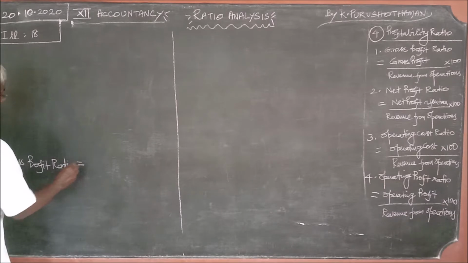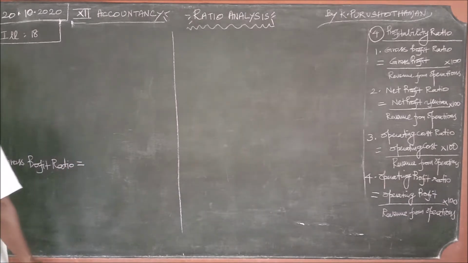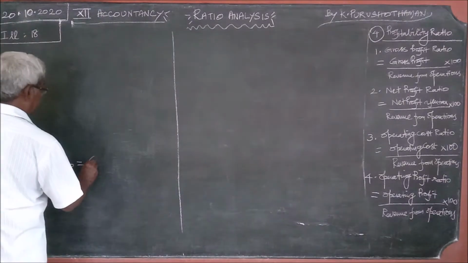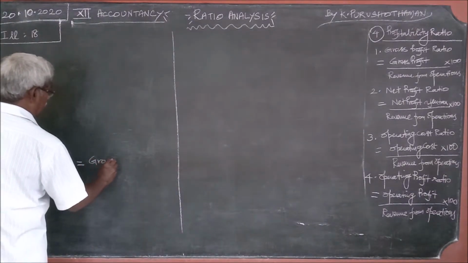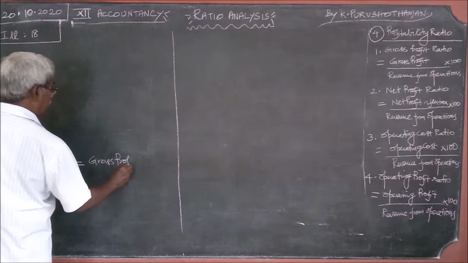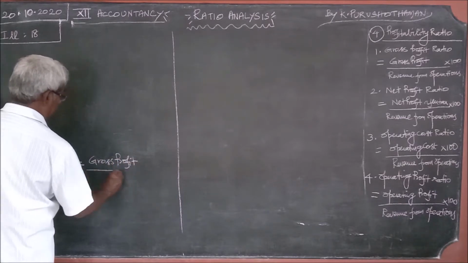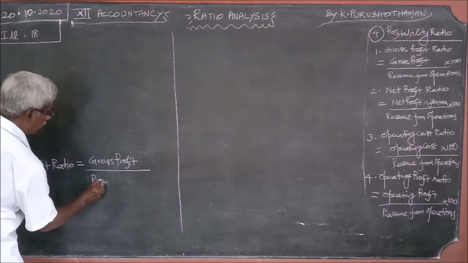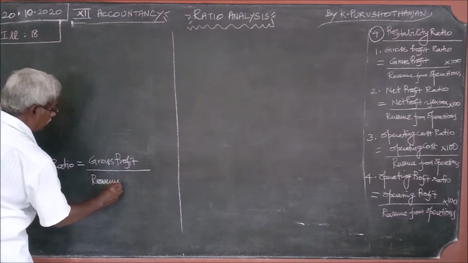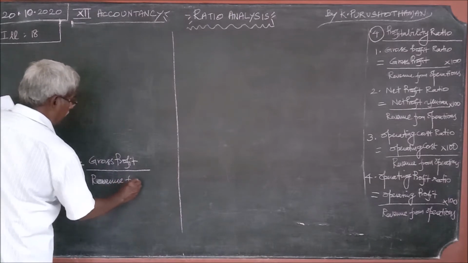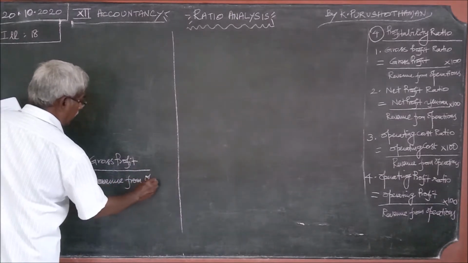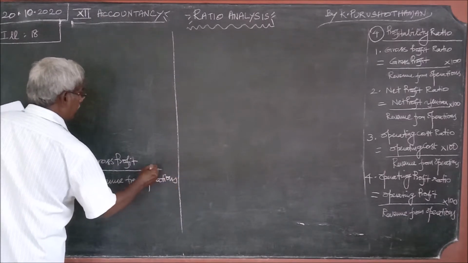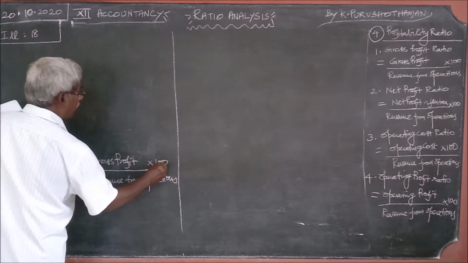I told you very many times, this is easy to remember the formula. Gross profit ratio is equal to gross profit by revenue from operations into 100.